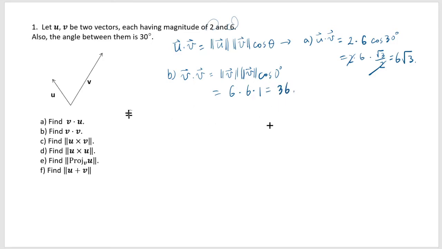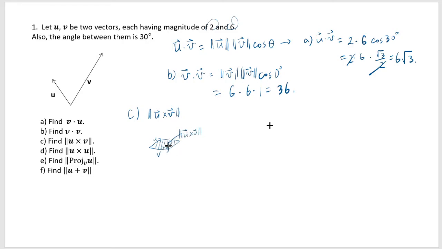Okay. Now what about the norm of u cross v? Well, you have to remember this definition of the cross product, which is that if you have two vectors u and v, then the cross product would have this as the area.